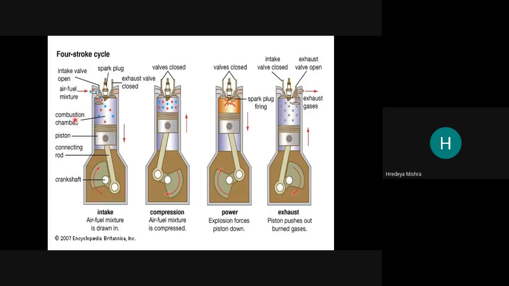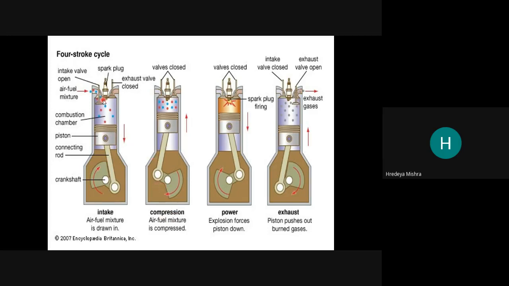This is the combustion chamber. In the intake or suction position, the air fuel mixture is inserted into the combustion chamber. This is your piston, this is the connecting rod, this is the crankshaft, the spark plug is here, and this is your exhaust valve. It opens at the fourth position. The second is compression.